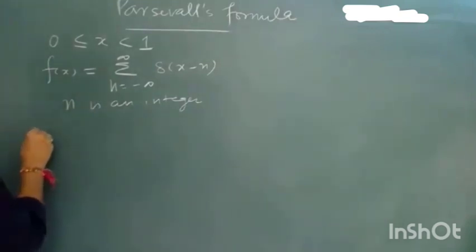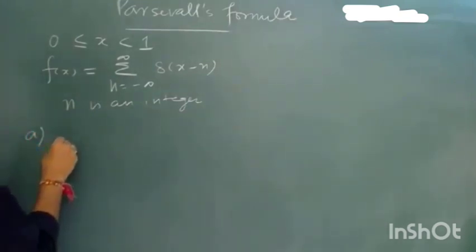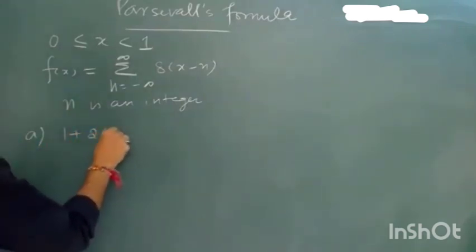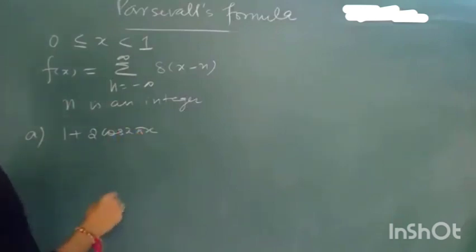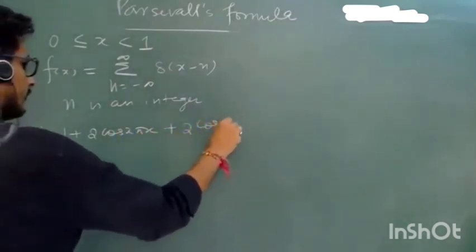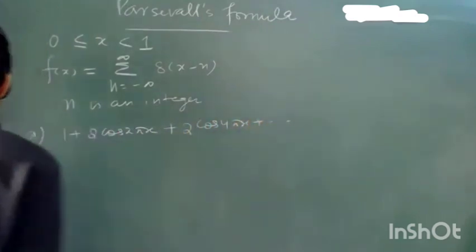You are given different options. Like one of the options is 1 plus 2 cos 2 pi x plus 2 cos 4 pi x plus and so on, like this.